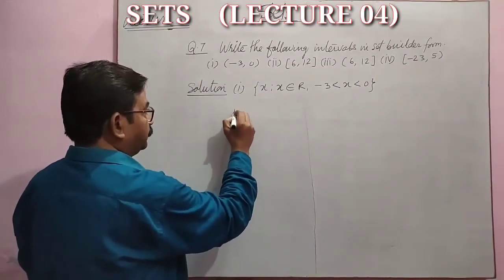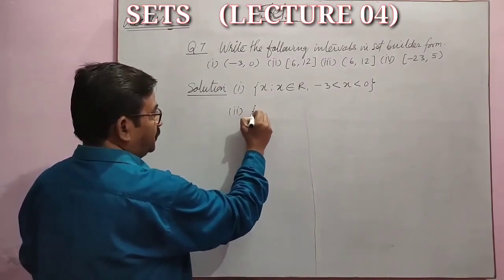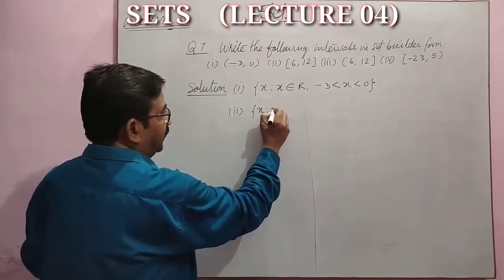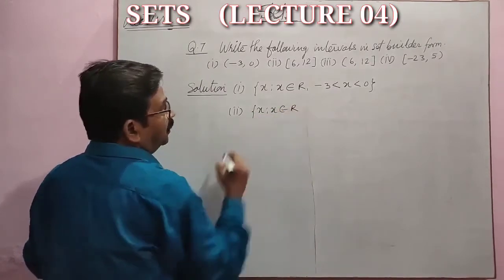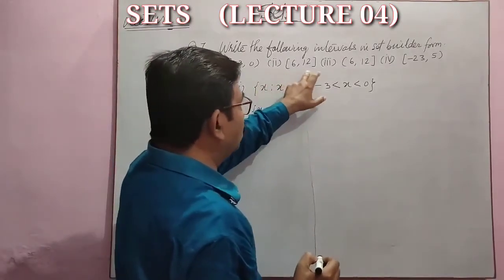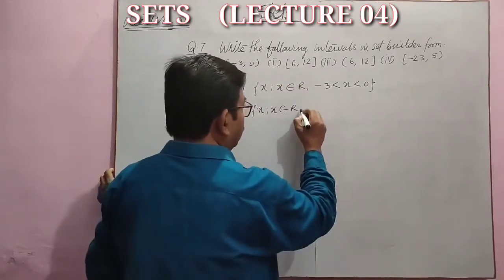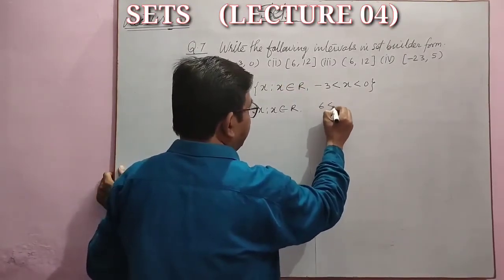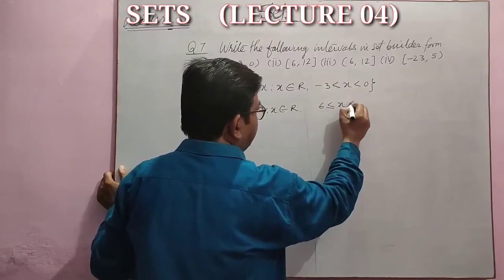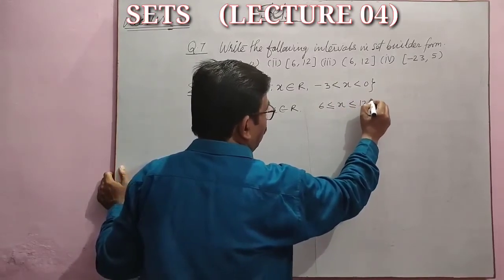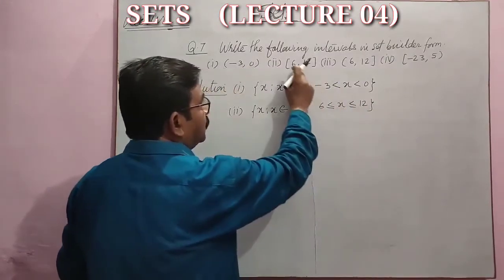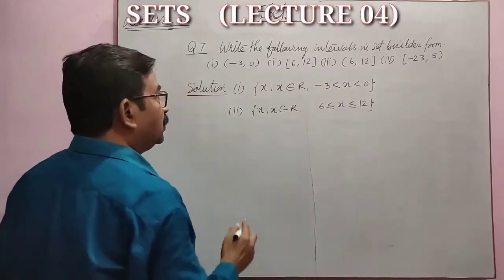Second one, see, x such that x belongs to R and both are closed, so 6 is less than or equal to x is less than or equal to 12, both are less than or equal because both sides are closed.